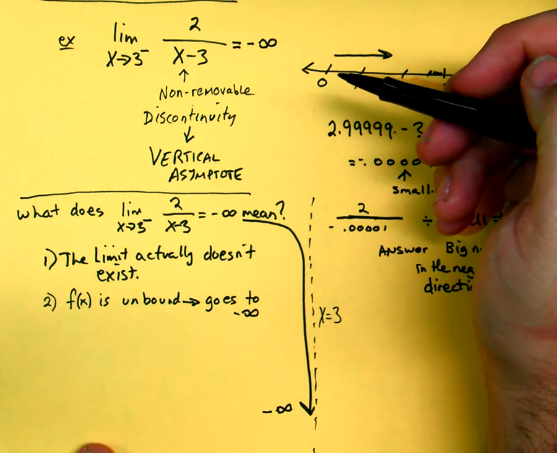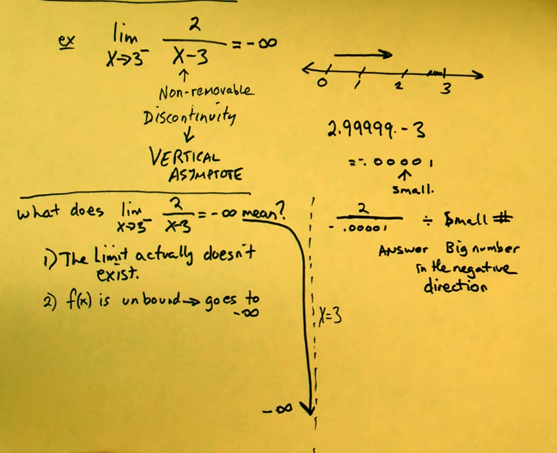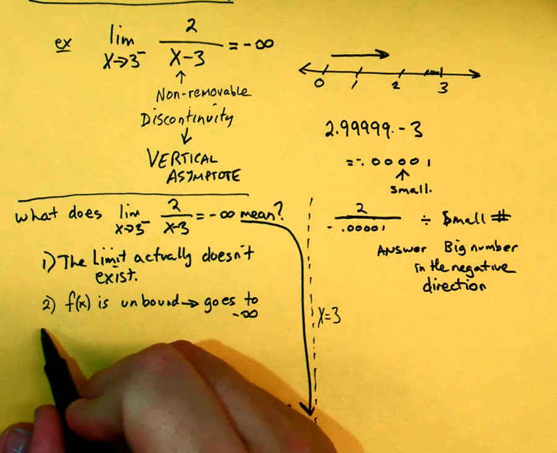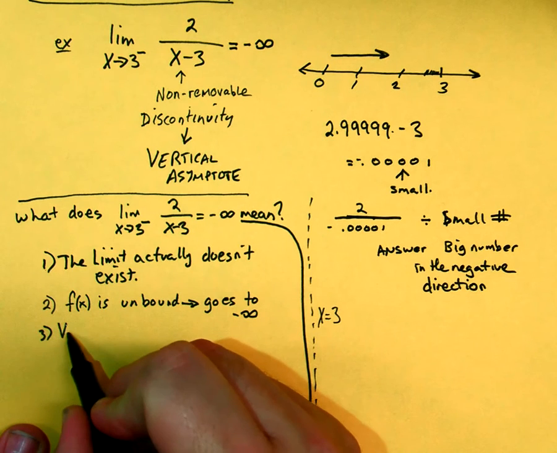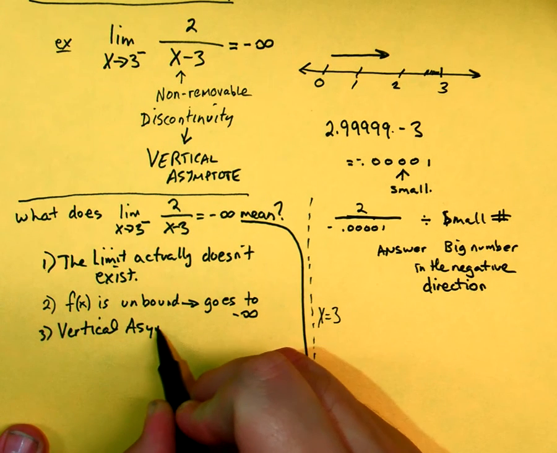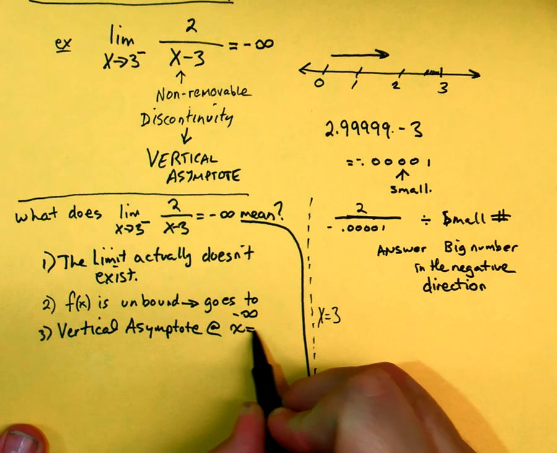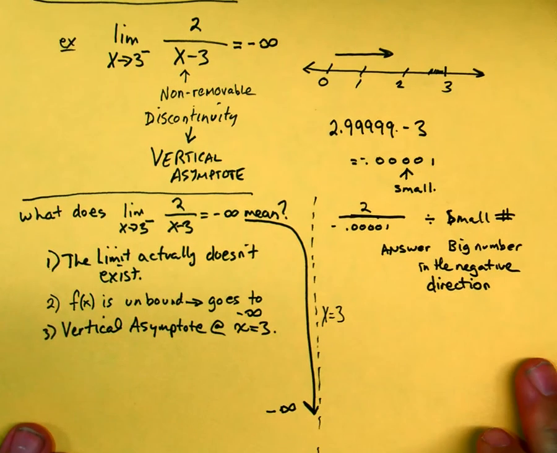So that's the big deal for that. And the third thing is we have a vertical asymptote at x equals 3. We're able to tell that from this whole situation.